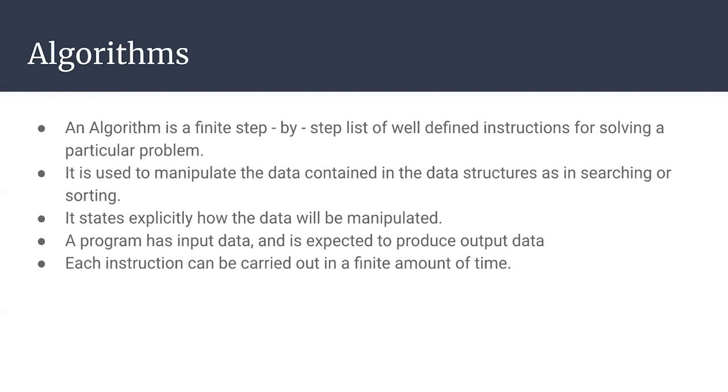It is used to manipulate the data contained in the data structure, as in searching or sorting. So what does it say? Manipulating the data. If you have arrays, you may want to write an algorithm to merge two lists, list A and list B. List A has a few numbers and list B has a few numbers, and you want to merge them in some order.